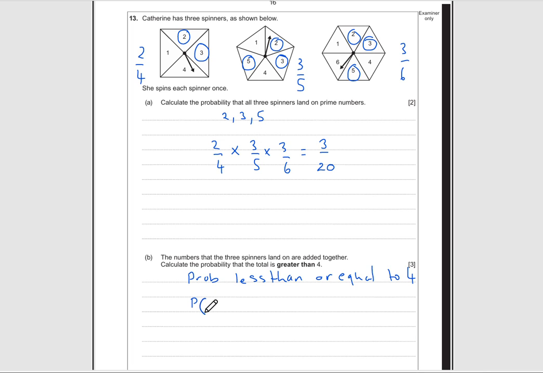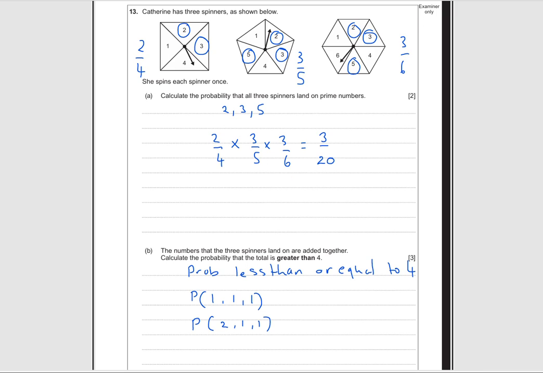So we have the probability of getting 1 on each spinner, the probability of 2 on the first spinner, then 1 on the other 2 spinners, then the probability of 1, 2, and then 1, and finally the probability of 1, 1, and 2.